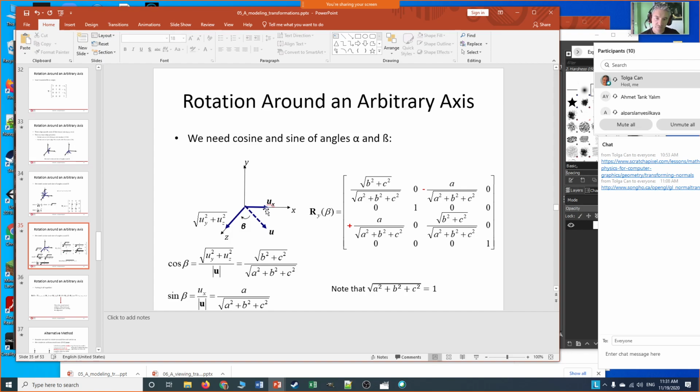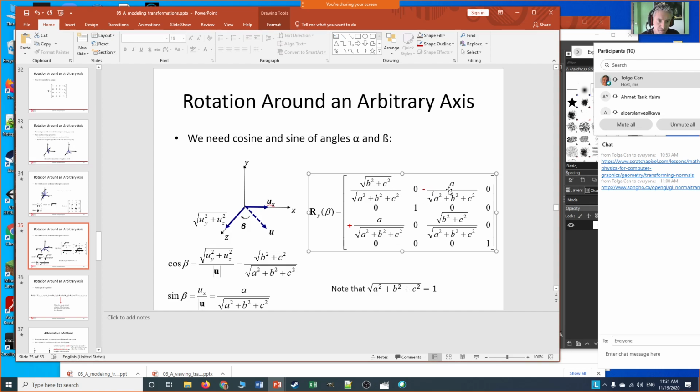Cosine is simply its x projection divided by the length of the u vector, which is 1, by the way, since a squared plus b squared plus c squared was 1 because it was a unit vector. By the way, this formula looks complicated, but all these are 1. The square root of b squared plus c squared was d, so what I have here is d.